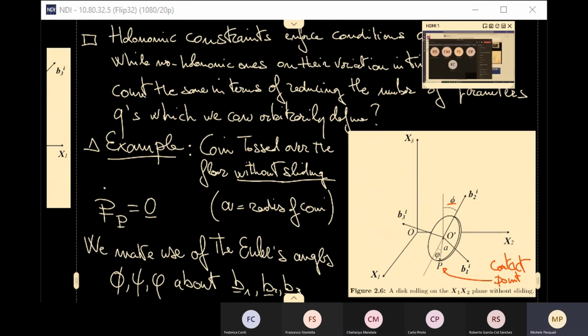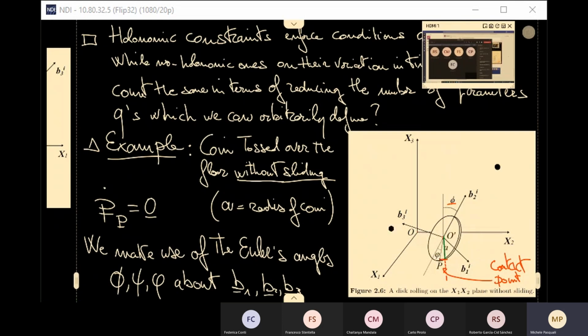So I can prolong this like this, okay? That's the vertical. What I want is that this part here is equal to R3. This is our R3.